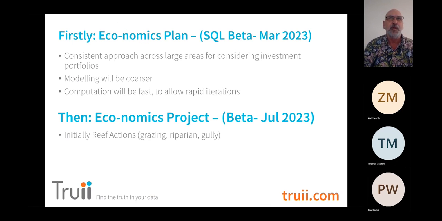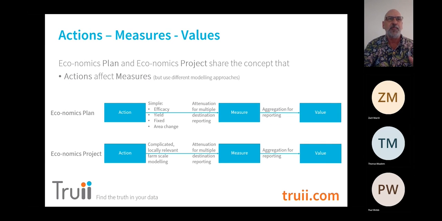So firstly Eco-nomics plan, then Eco-nomics project, and they share the same concept in so much as we do actions, so on-ground work. Those actions affect the measures, and those measures collectively aggregate up to allow us to report on values.